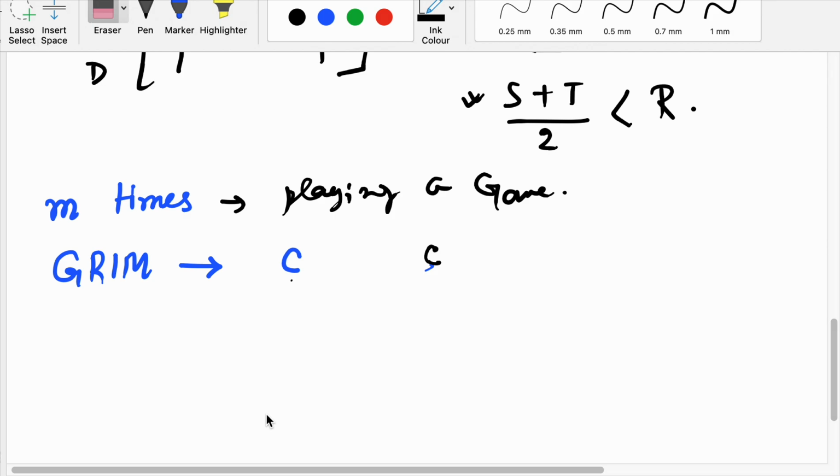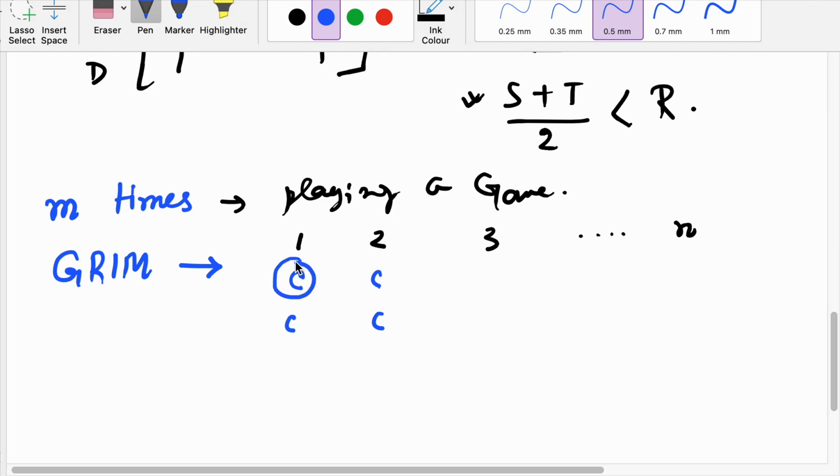Suppose the game is played in steps: this is the first step, this is the second step, this is the third step, and suppose this is the end step. Grim strategy means I will always start with cooperation.